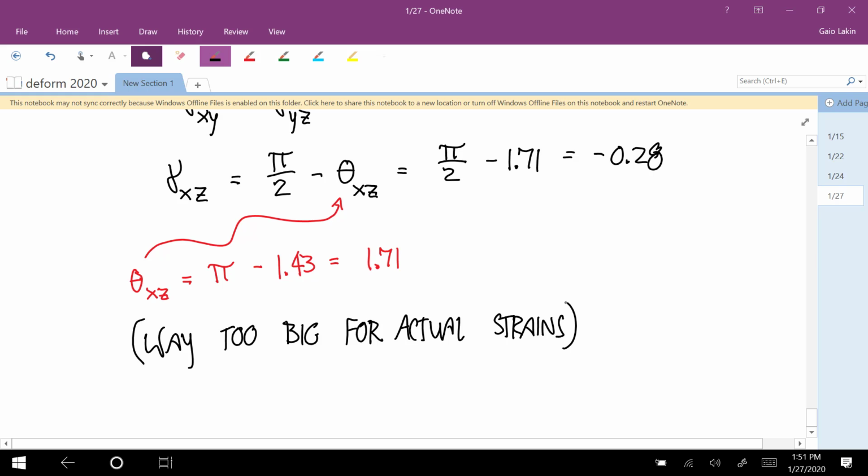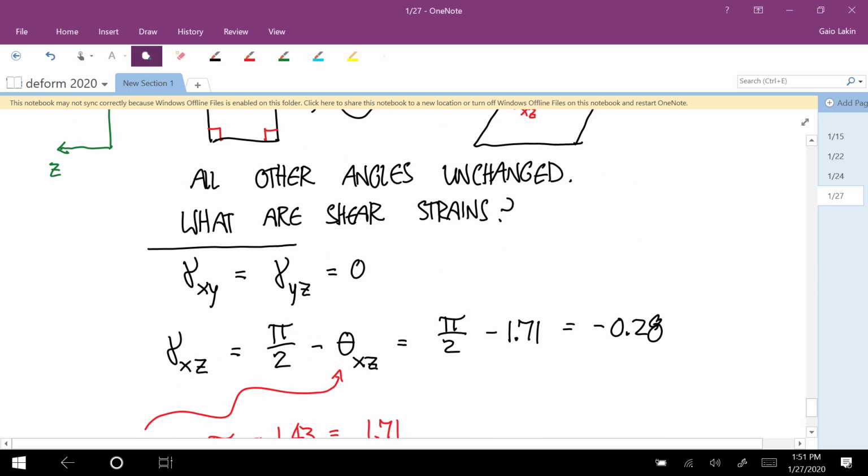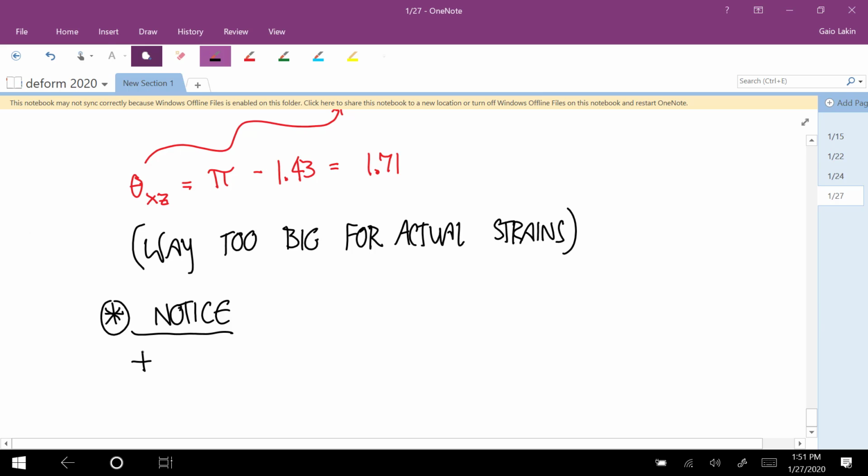And then there's one more question about this, having to do with the signs. So what do you think it means to have a positive shear strain? What do you think it means to have a negative shear strain? We got negative on this one. Yep, that's right. So a positive shear strain means the angle gets more obtuse.